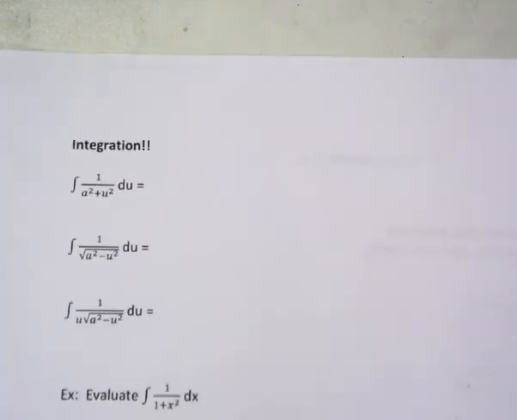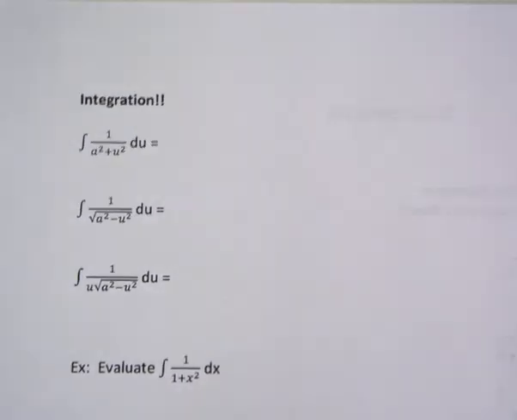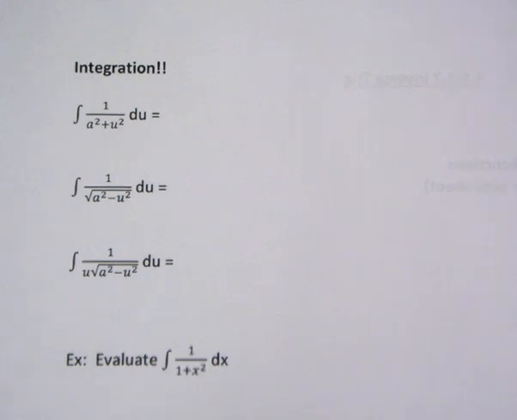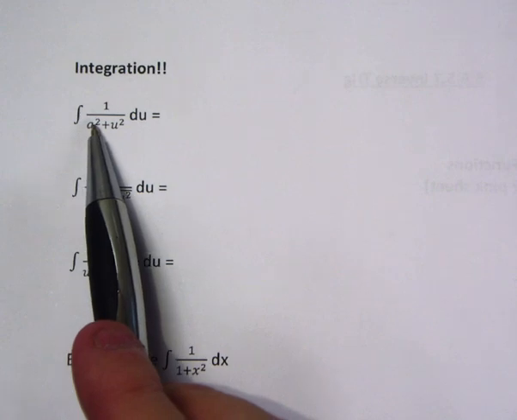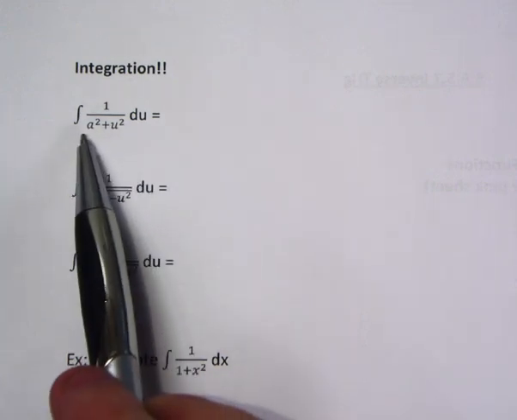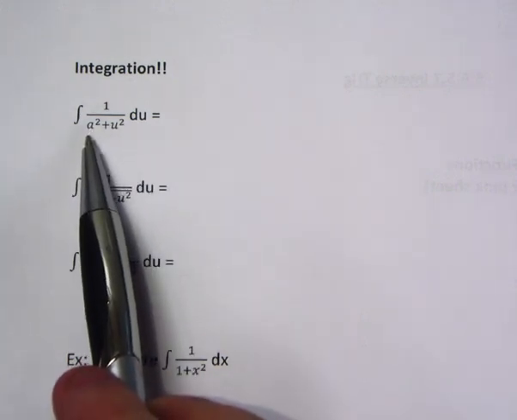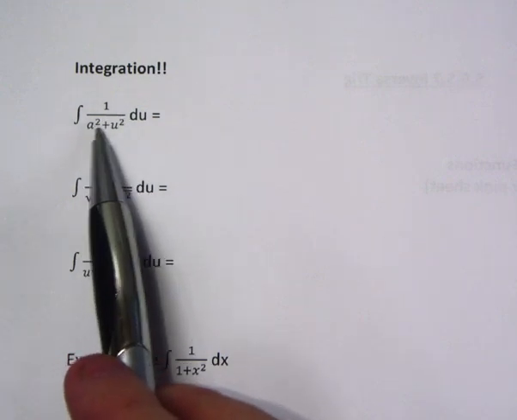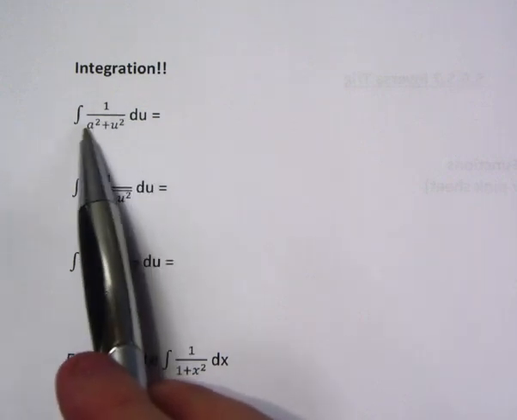Now, the nice thing with integration is there's only 3 of them that you'll need to know, and really one of them you won't need to bother with that I'll talk about. So when we are integrating, I showed you on that pink sheet, here are our rules. If you are integrating 1 over a squared plus u squared, now a is just a number, so it could be like 1 over 4 plus x squared, so like a would be 2.